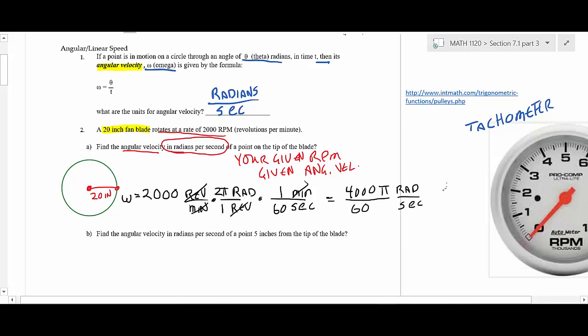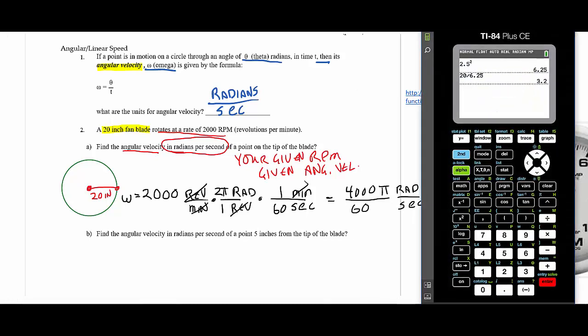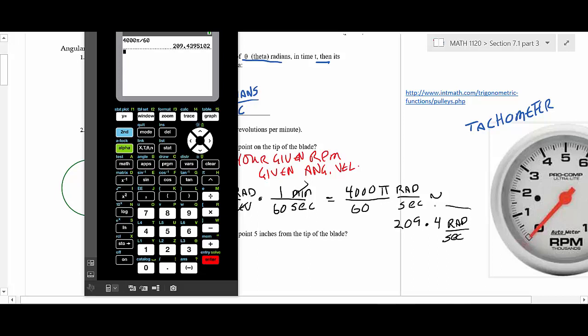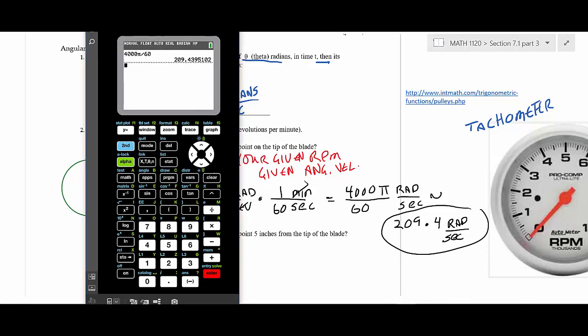But let's just calculate this out on the calculator and round it, because that's what you're going to do most of the time, is just get decimal answers. So I'm going to go 4,000 times pi, then divide by 60, and round to maybe 1 decimal. That gives about 209.4 radians per second. Really, that problem was nothing more than doing a unit conversion.